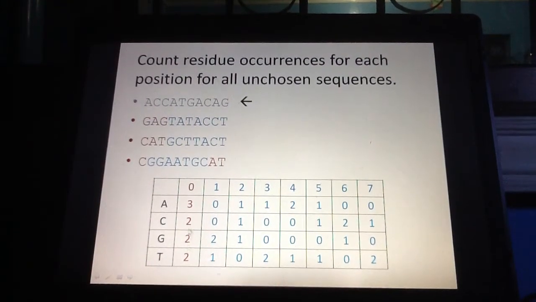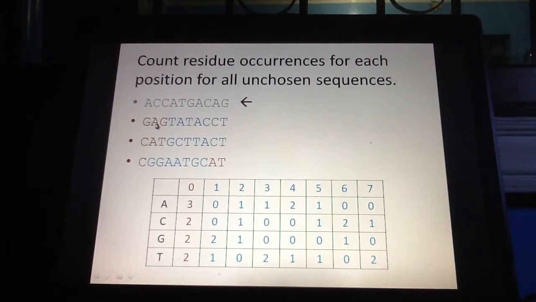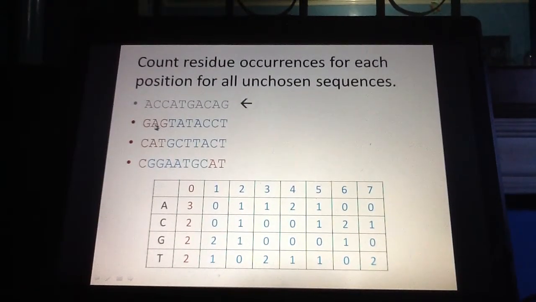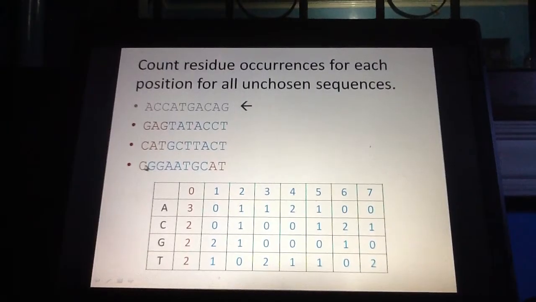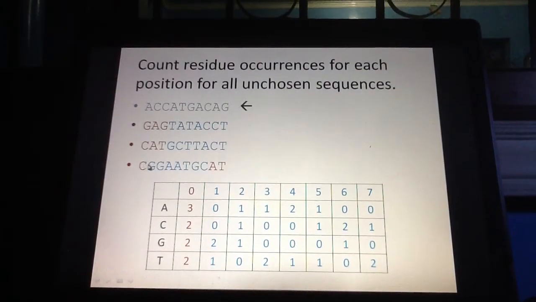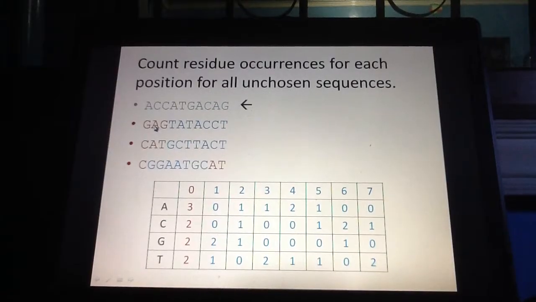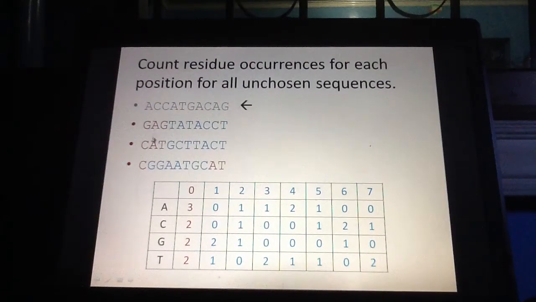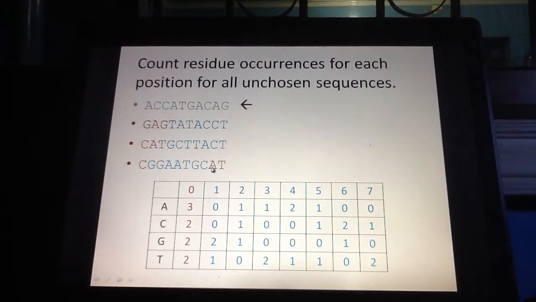So for this column here, we consider the parts of the sequences which are not part of the motifs, and we count the occurrences of each of the residues. So for these parts, we count how many A's there are. There's one A here, another A here, and another A here.